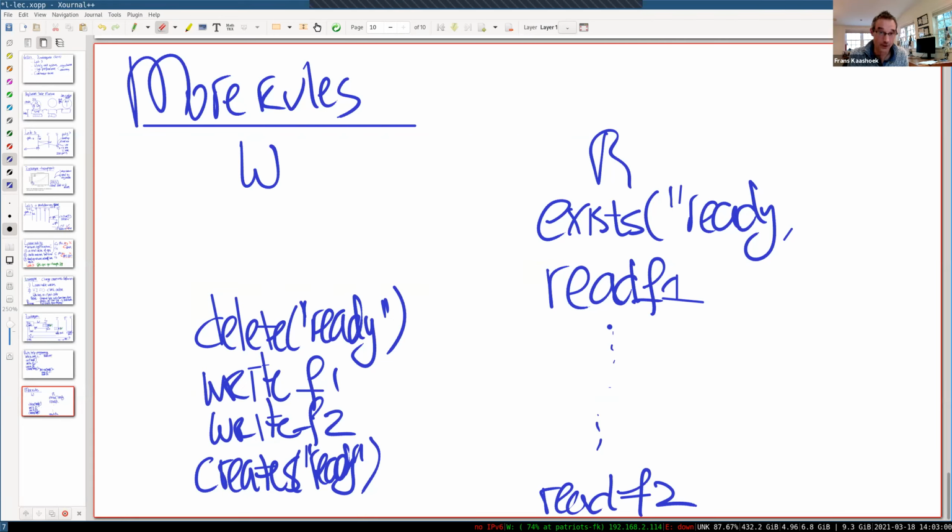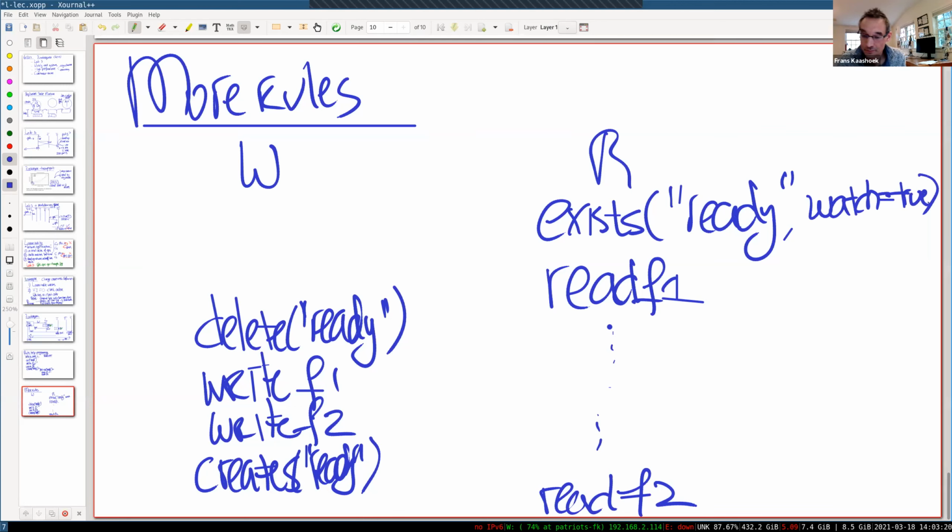And how does that actually get rectified, or how does ZooKeeper deal with this? Well, this is where the watchers come in. The picture that I drew on the previous board is not completely correct. In addition to calling exists on ready, it's going to set watch to true. And what that means is that this delete will change the ready file, and we have now set a watch on the ready file.